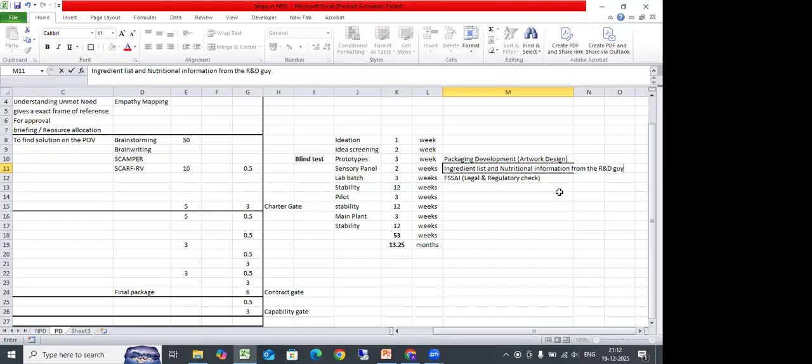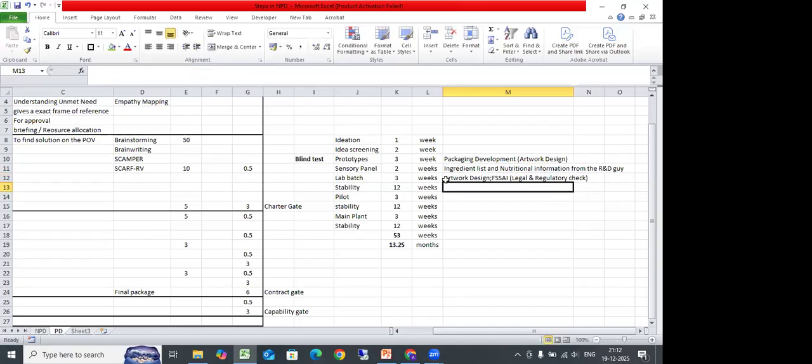And then that is incorporated in the artwork design. So you get FSSAI artwork design, and the FSSAI and regulatory check comes after your artwork design is done by incorporating all these things, whatever the design is. Color, 4 color, 7 color, XYZ.